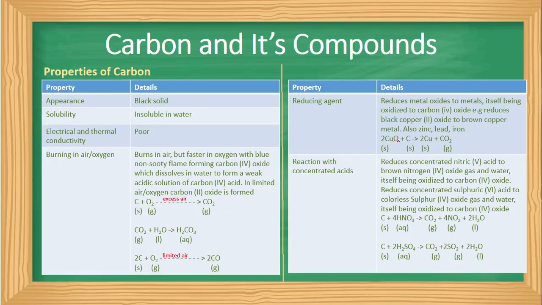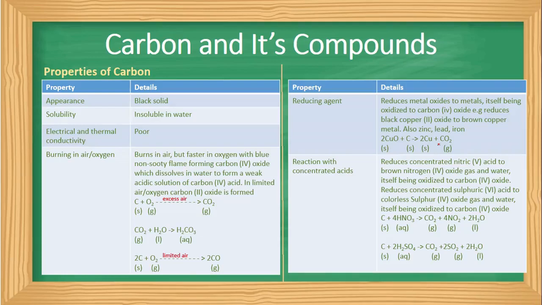You can see here the example of copper oxide, which after reacting with the carbon, remains as copper, and then the oxygen in it combines with the carbon to form carbon 4 oxide.